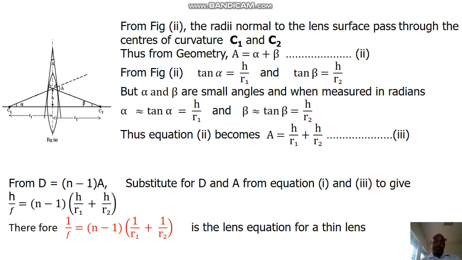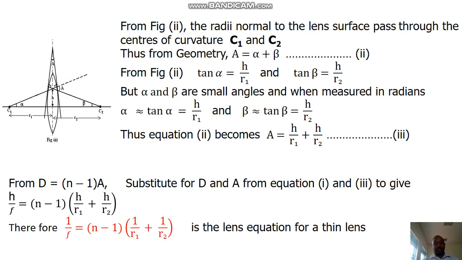From figure 2, the normals to the lens surface pass through the centers of curvature C1 and C2. Thus, from geometry, A, which is the prism angle, equals alpha plus beta. From figure 2, we have that tan alpha equals h over R1 and tan beta equals h over R2.